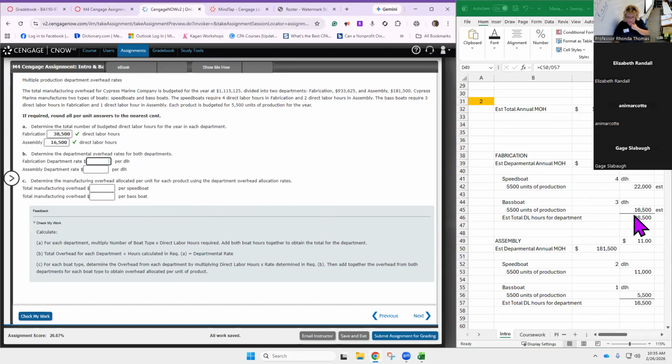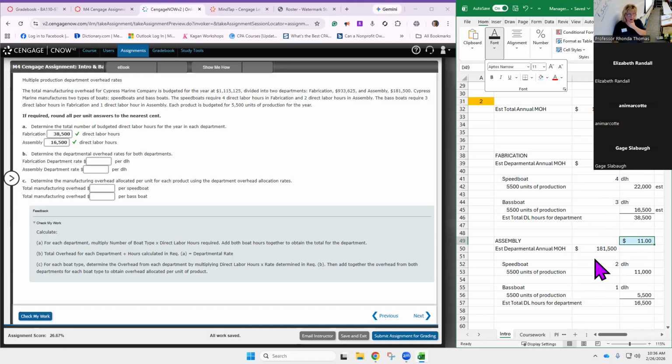So let's plug this in and see if we're on the right track. So these rates go in as B here. Okay, and I think you could understand we're spending a lot more time in fabrication than we are in assembly, right?